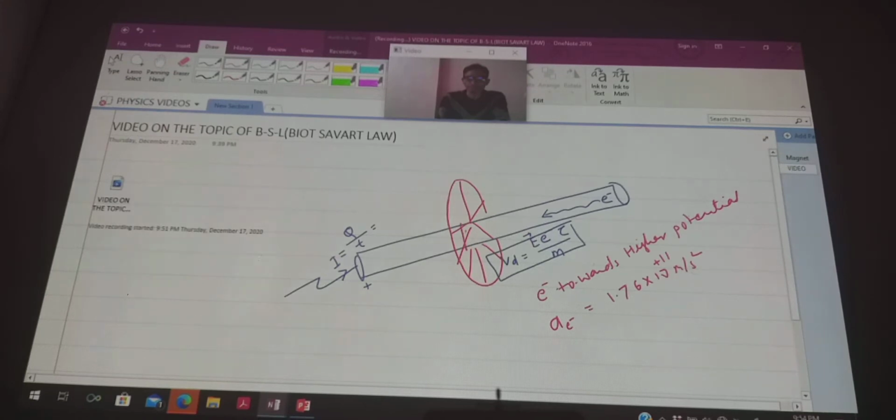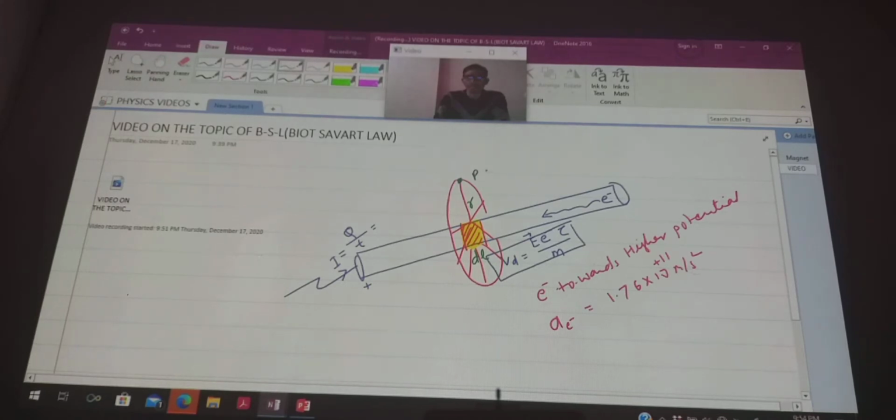Suppose this is the conductor and this is the elementary length of the conductor, this is dl, and the current is passing through this dl. Then at a distance r, we select a point P.